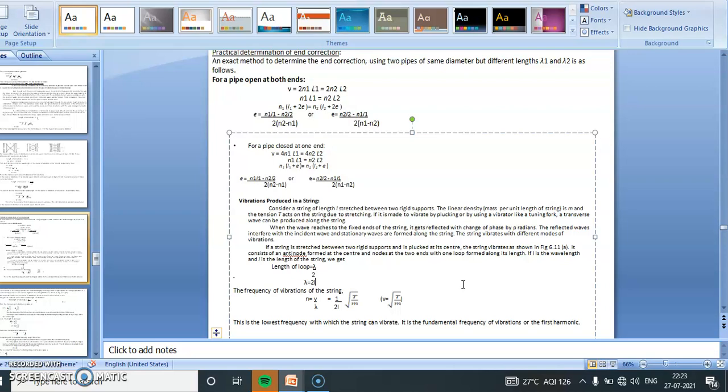So putting in the values of V and lambda, we get n is equal to 1 upon twice L under root T upon M. This is the lowest frequency with which the string can vibrate. It is the fundamental frequency of vibration or the first harmonic.